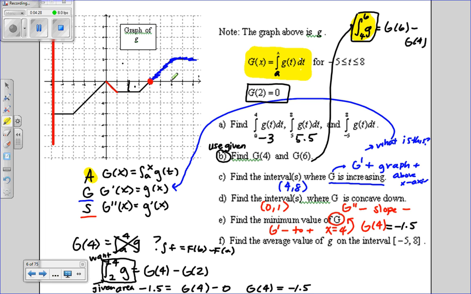There's 4, 5, 6. The area of that little triangle is 2 times 2 divided by 2, so it's 2. And G of 4 we found it's negative 1.5. So that's really plus 1.5. And so to solve for G of 6, we subtract 1.5 and we get 0.5.